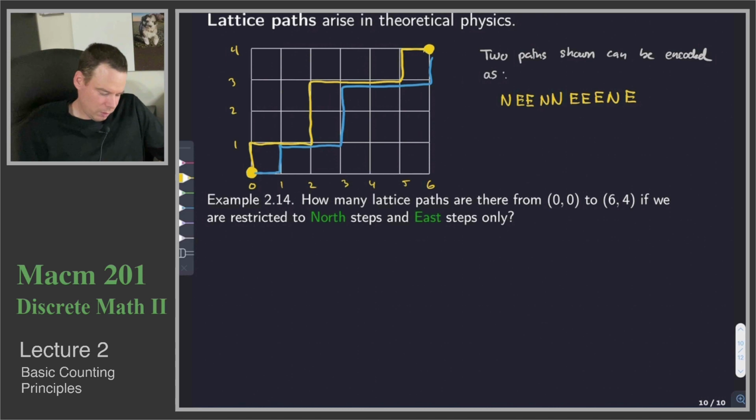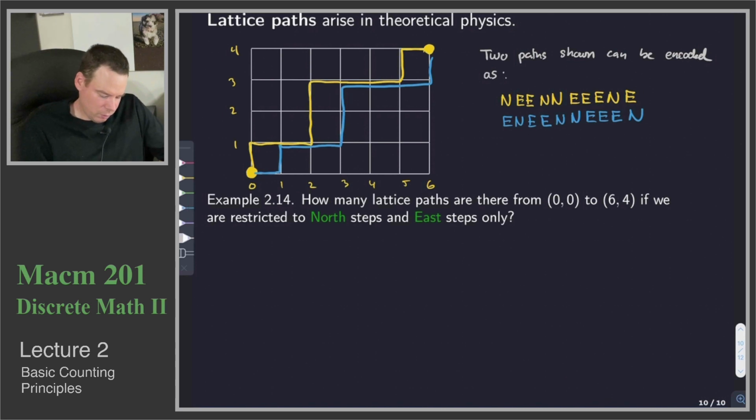So there is an encoding of our first path. It's just a set of instructions as to how we can travel from the start to the finish. How about the next one? Well, it went east, north, and then 2 east moves, and then 2 north moves, and then 3 east moves, and then a north move.